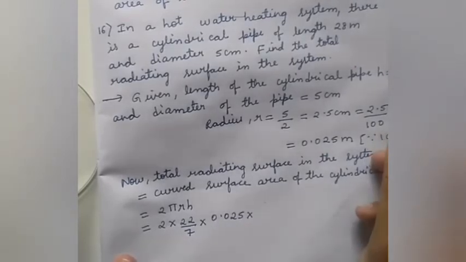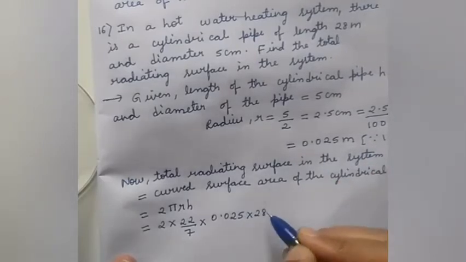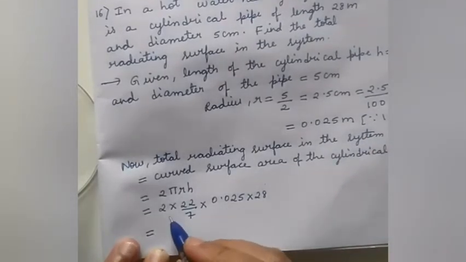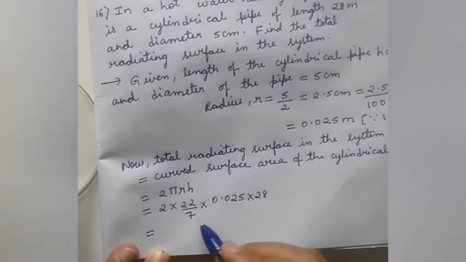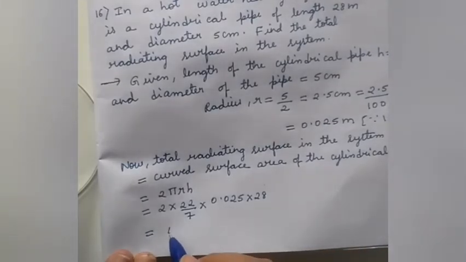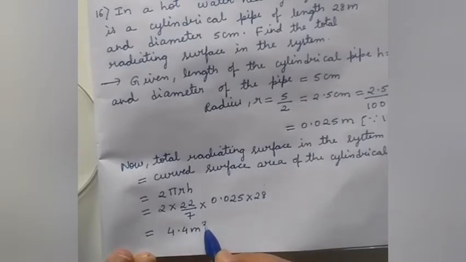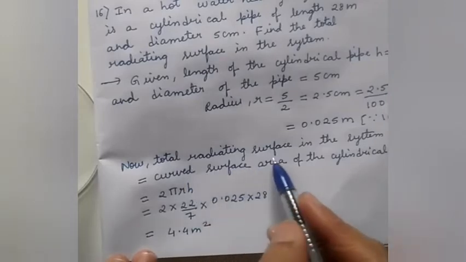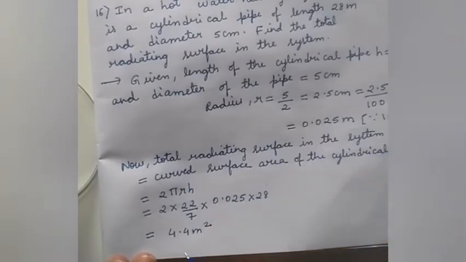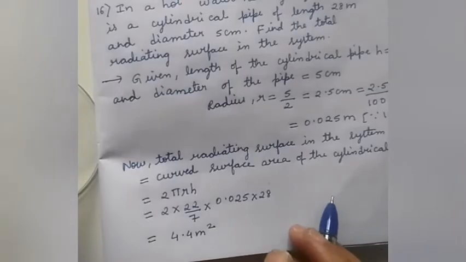Height they have given, it is equal to 28 meter. So it is equal to 2 into 22 into 0.025 into 28 divided by 7, which will be equal to 4.4 meter square. So we have that the total radiating surface in the system is equal to 4.4 meter square.